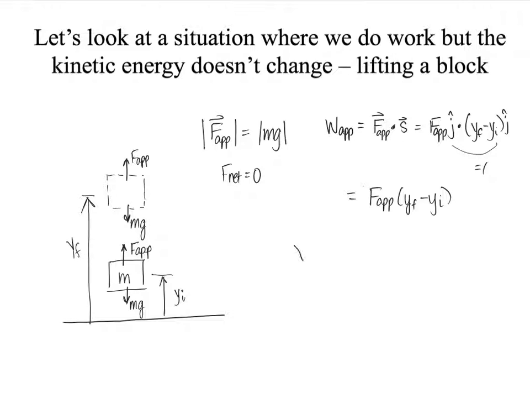Okay, now let's look at the work done by gravity. It's equal to mg dotted with the displacement. I'm going to do the same thing that I did with the applied force. But the force of gravity is downward, so I'm going to make that minus mg times j hat, understanding in this case that the g that I would put in would just be 9.8. I've already taken into account its downward sign with a negative sign.